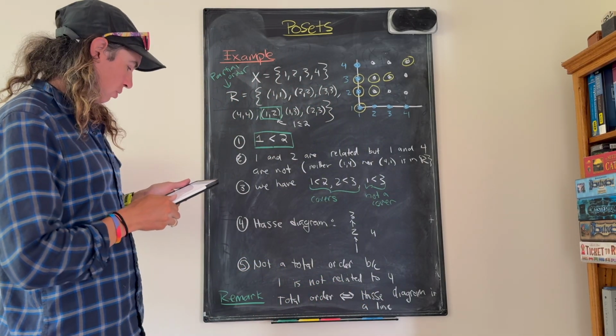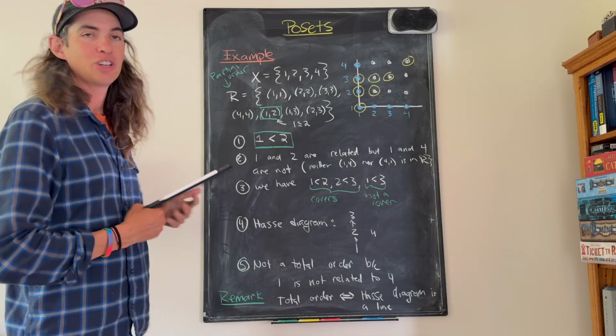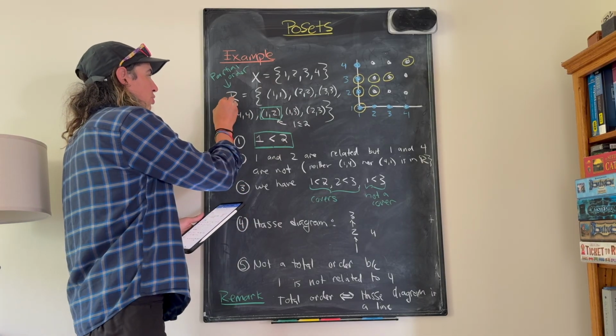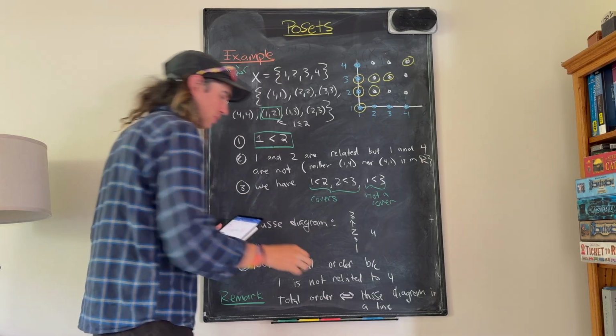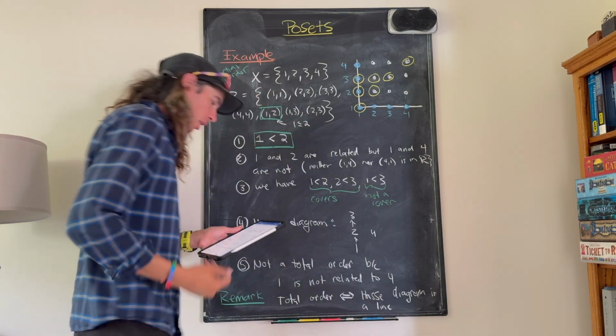I've used the notation R, and I've also used less than or equal to. So I'm being a bit sloppy. I should write that this is the same as less than or equal to.